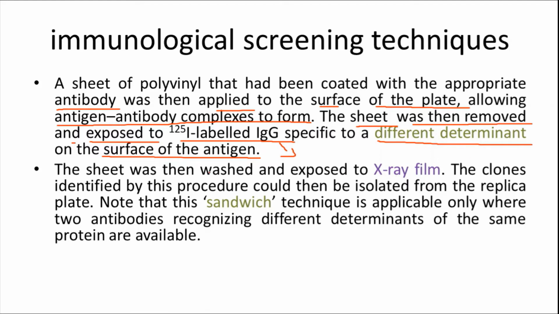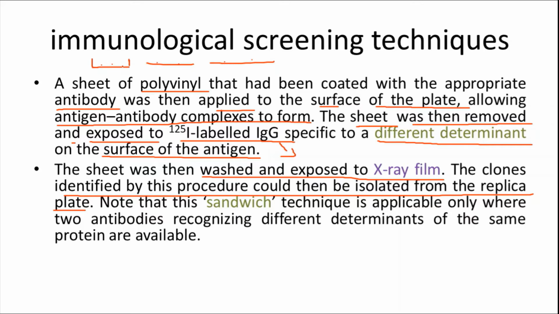After secondary antibody exposure, the unbound antibody is washed out with the corresponding buffer, and we expose the X-ray film where the signal is produced. So we can identify this by isolating the replica plate. First we touch the polyvinyl sheet to the replica plate, and compare the plate with the polyvinyl sheet: colonies 1, 2 are there. Compare the autoradiography, the replica plating and the plate.